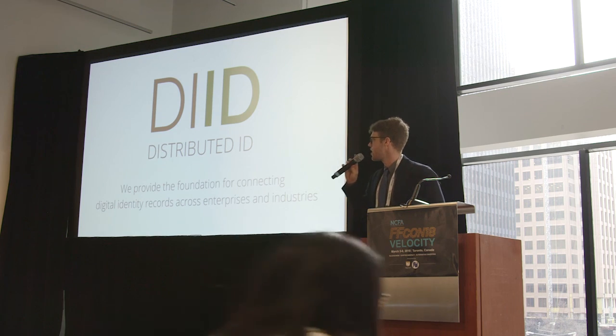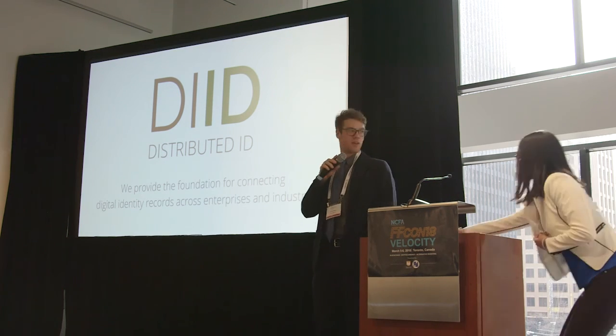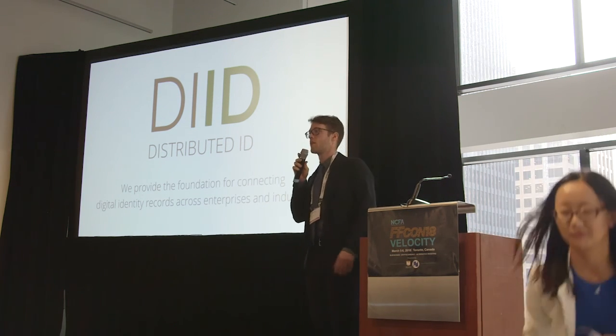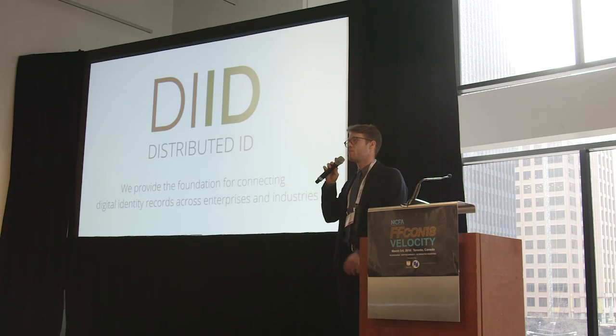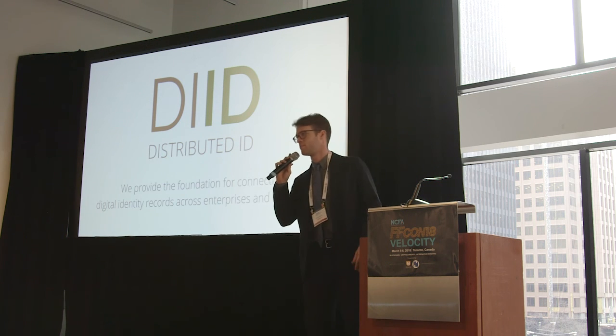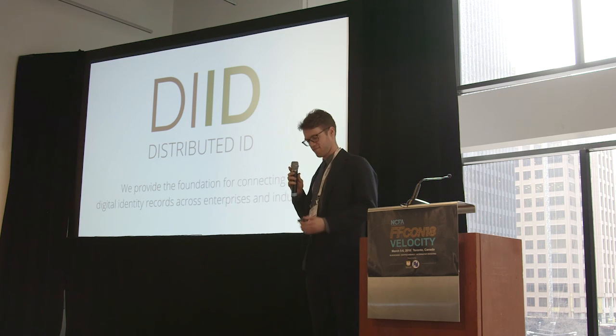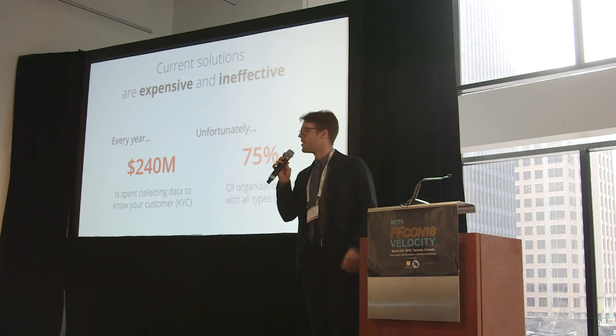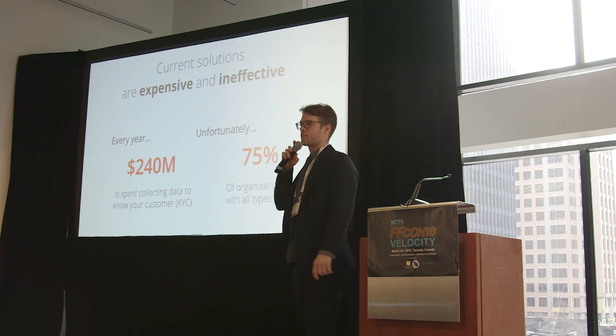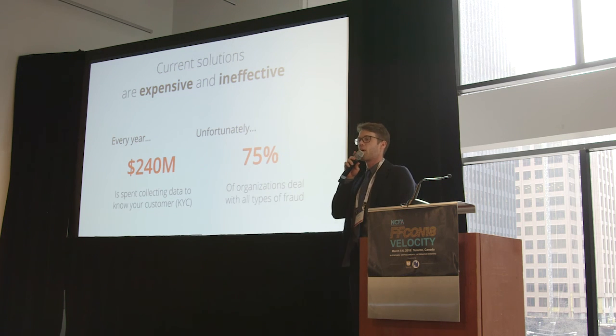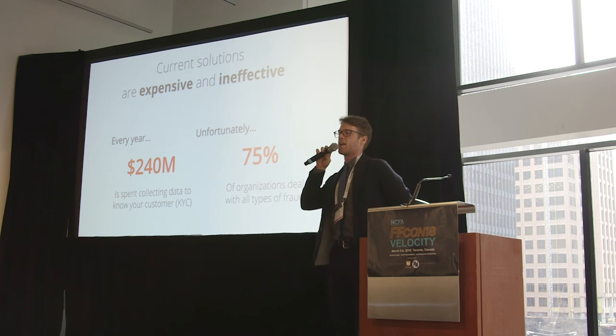Distributed ID is providing the foundation for connecting digital identity records across enterprises and between industries. This is the problem we're solving. Currently, enterprises are spending way too much money on a solution that isn't working effectively.